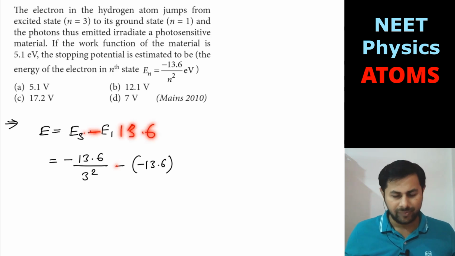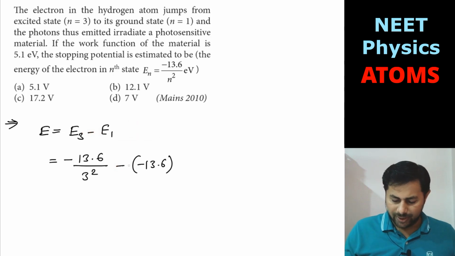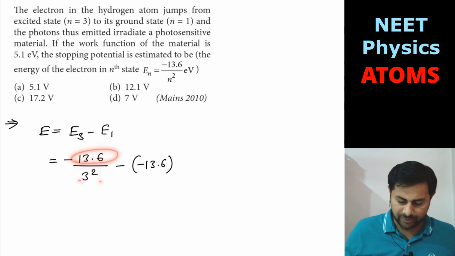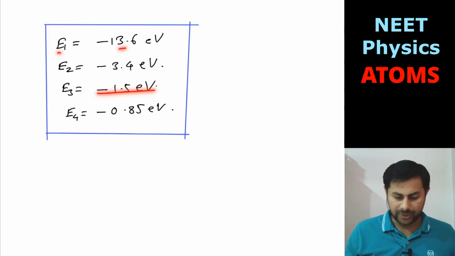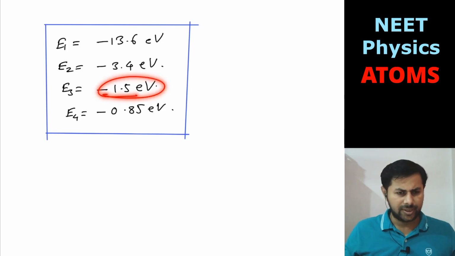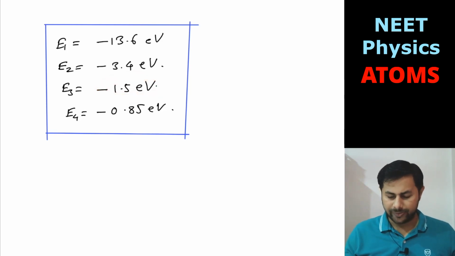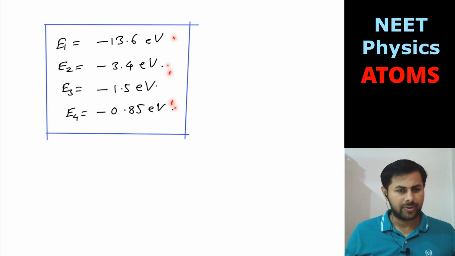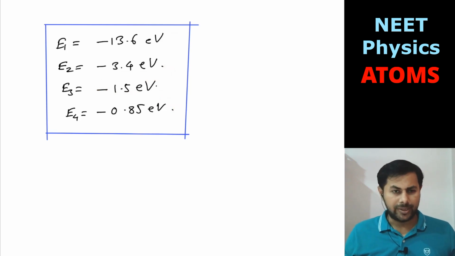So E1 is minus 13.6, E2 is minus 3.4, E3 is minus 1.5, and E4 is minus 0.85. Just remember that, it will save you some calculation, because most of the time the first, second, third, fourth orbits are involved.